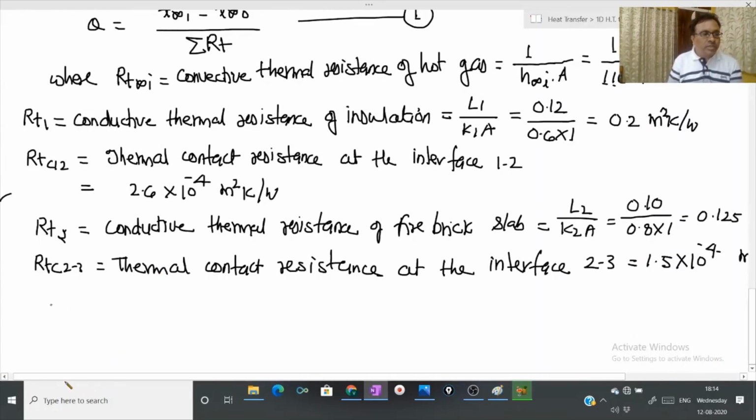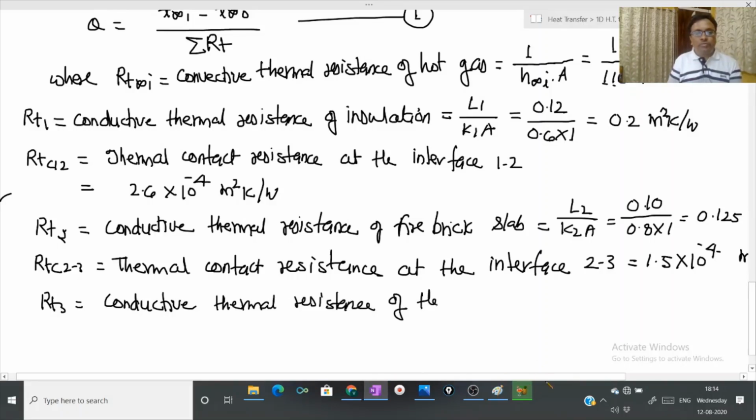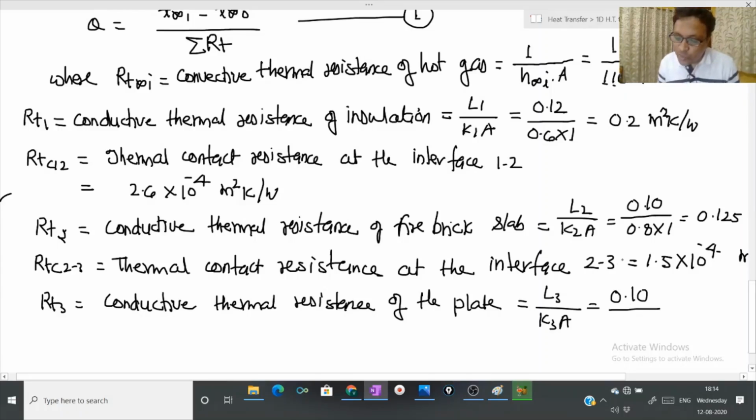Then comes RT3. It is conductive thermal resistance of the plate, can be given as L3 over K3A. L3 is once again 0.10. K3 is I think 4.